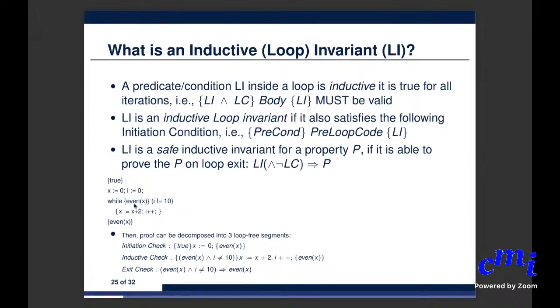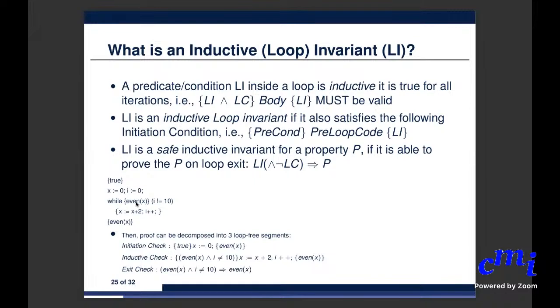So if even of X, after you exit the loop, you want to prove even of X. It seemed like a trick. In this case, even of X is a good candidate for considering as a loop invariant, because the first time you come to this point of entering the loop, X is even because X is initialized to 0.